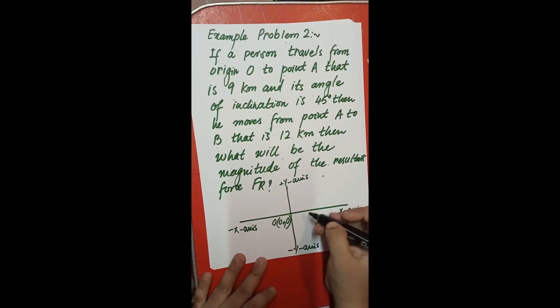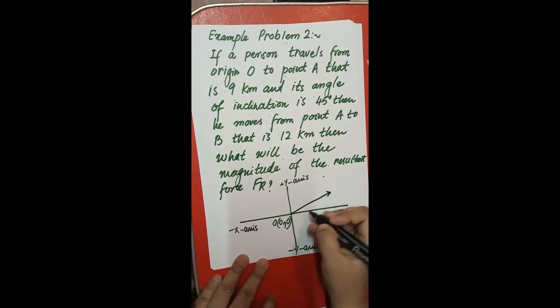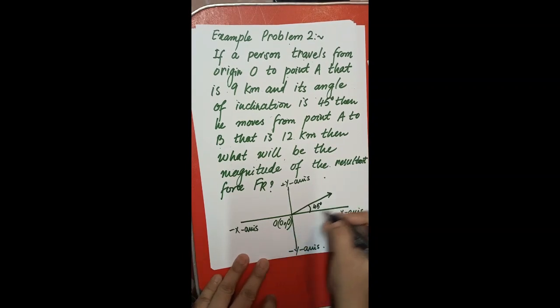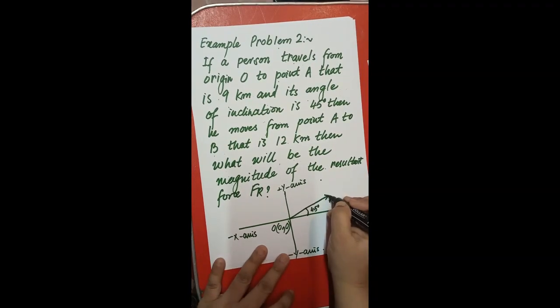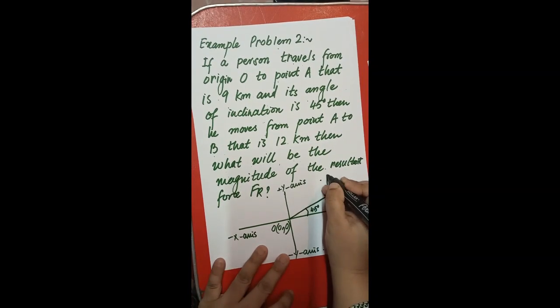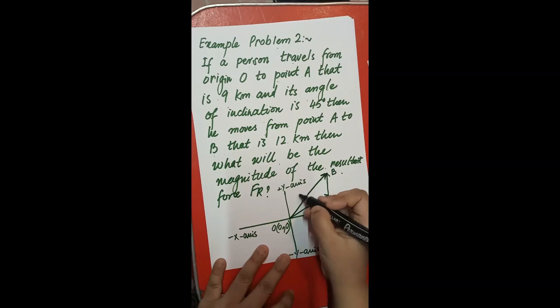So if a person is traveling from point O to A, and the angle of inclination is 45 degree, the situation will be like this, and then he moves upward from here, so this will be point B. We have to find out the Fr from here.